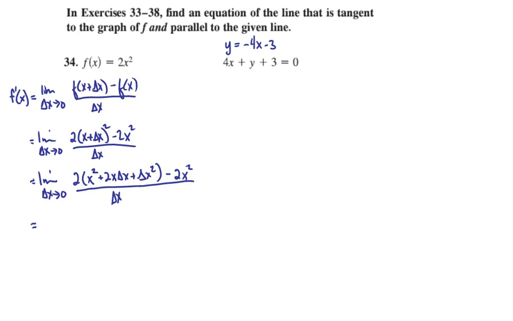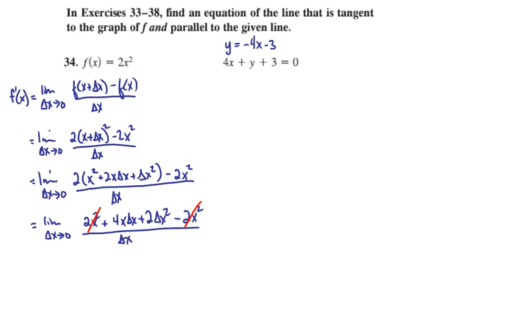Now I just need to multiply by 2 and then simplify, and we have 2x squared plus 4x delta x plus 2 delta x squared minus 2x squared over delta x. Now when we simplify, everything without a delta x should disappear. We factor out a delta x, and if you'd like, you can start canceling there.